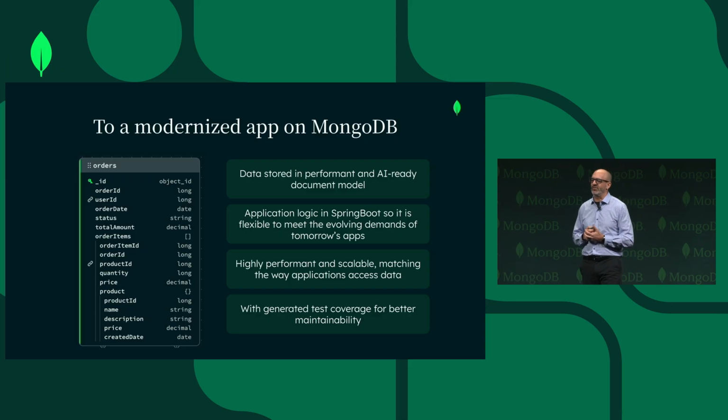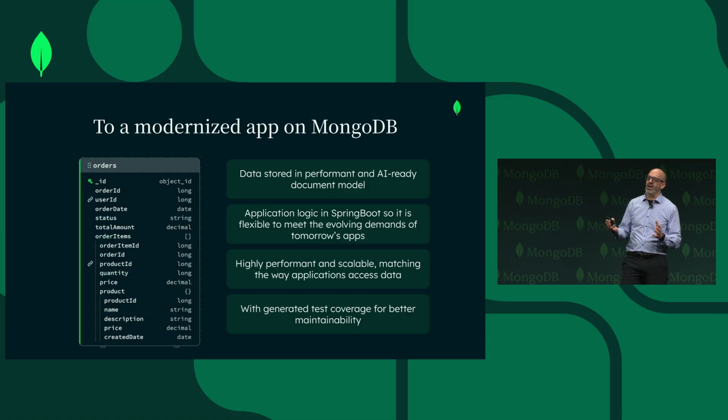We want to set the stage so that we can scale this application up and deploy it around the globe to get real-time latency for all of our customers. And we also need to provide complete test coverage so that as we add new capabilities, we can easily validate that we haven't broken anything as we go along.